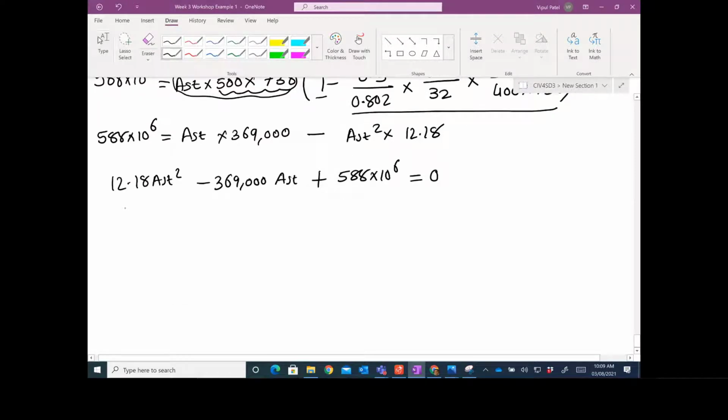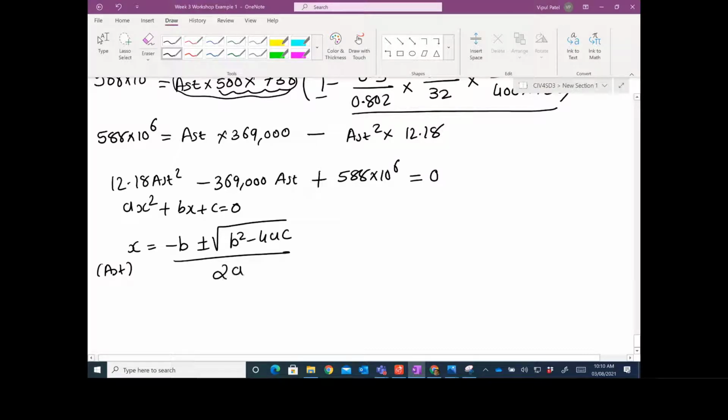Again, this is a quadratic equation: ax square plus bx plus c equal to 0. If you want to calculate x, in this case AST, you can have minus b plus or minus the square root of b square minus 4ac over 2a, and you can find AST equal to 1517.5 millimeters square.